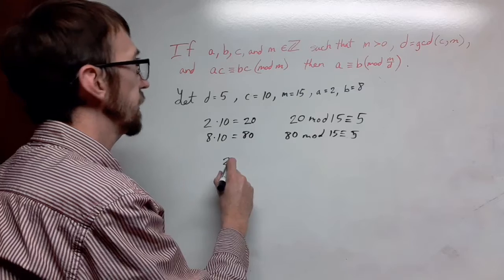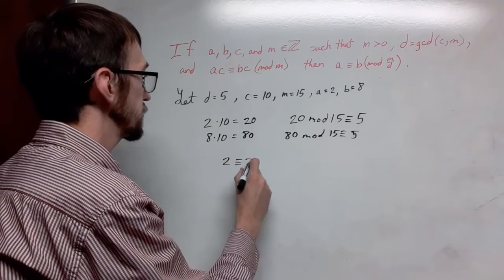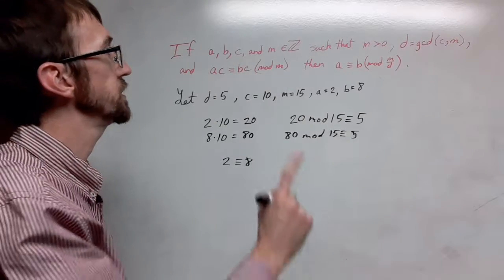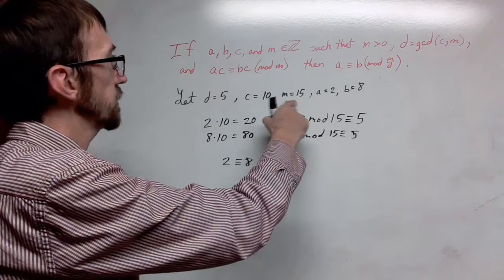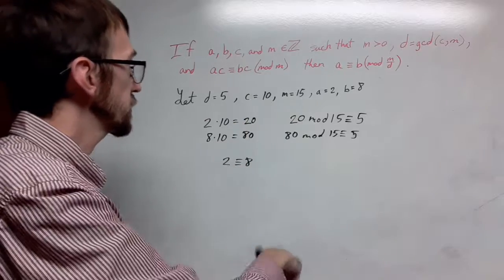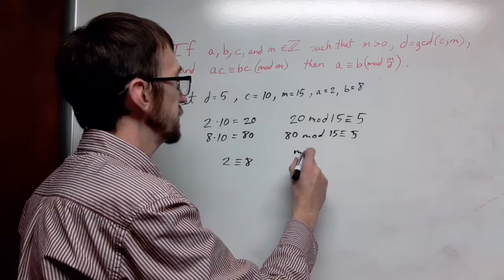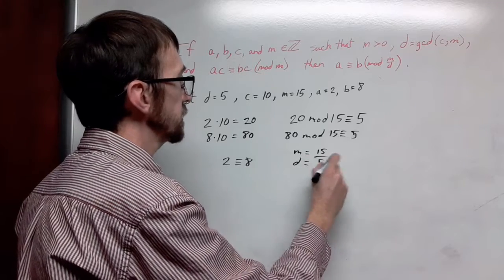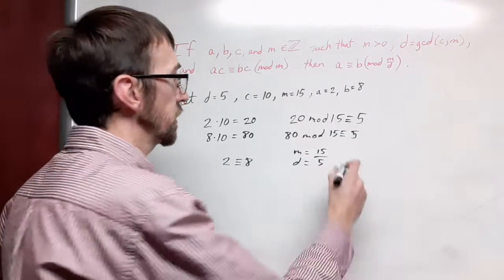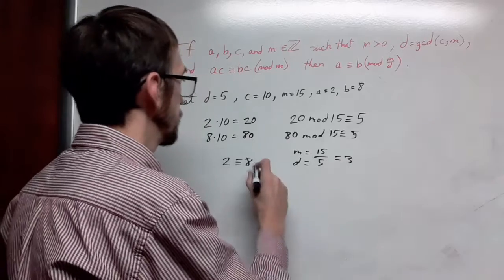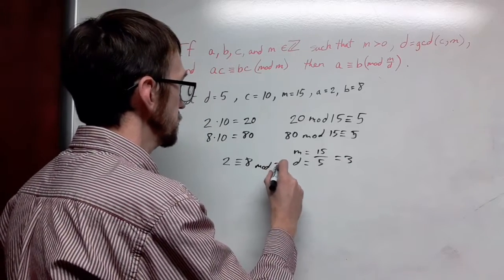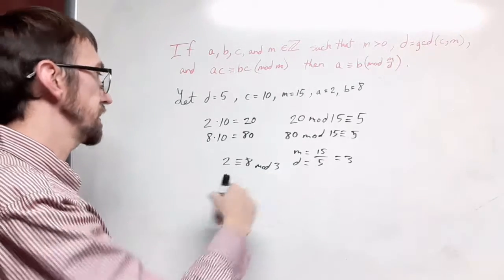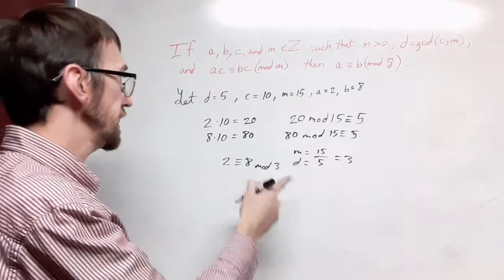So now let's look at the original a and b. Is it true that 2 is congruent to 8 under the new modulus, which is m divided by d? So we have m is 15, d is 5, and so when we divide those, we get 3. So looking at 2 mod 3, that is 2, and then 8 mod 3.